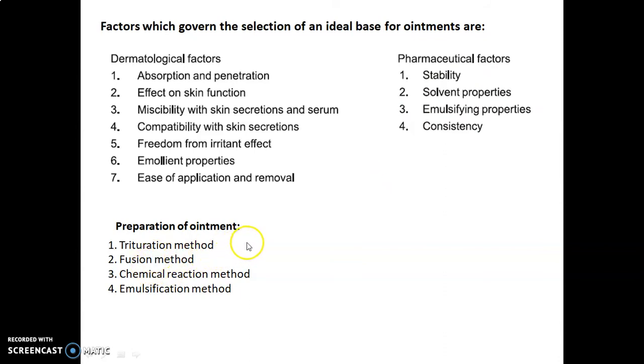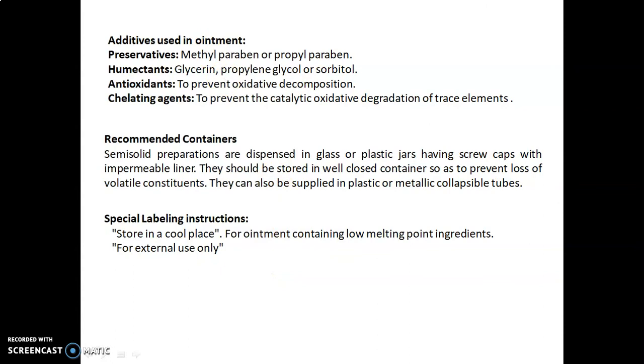Then preparation of ointment. There are 4 methods: trituration method, fusion method, chemical reaction method, and fourth, emulsification method. Let's discuss the additives used in ointment: preservatives, methyl paraben or propyl paraben; humectants, that are glycerin, propylene glycol or sorbitol; antioxidants, which are used to prevent oxidative decomposition; and chelating agents, used to prevent the catalyzing of oxidative degradation by trace elements.